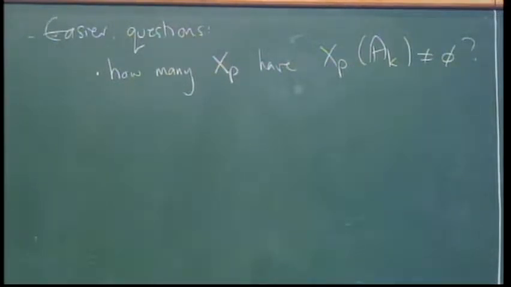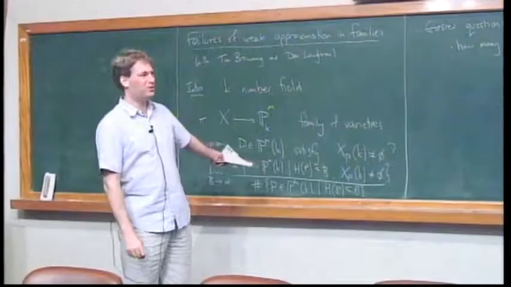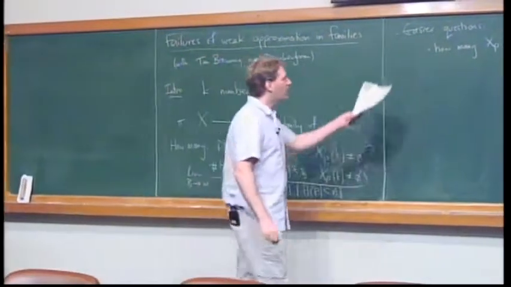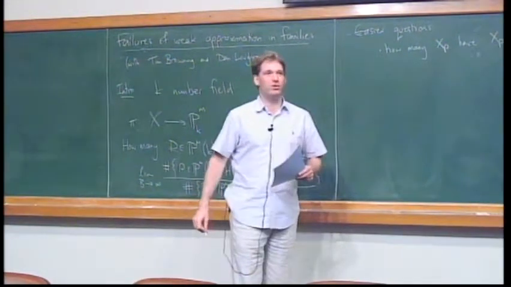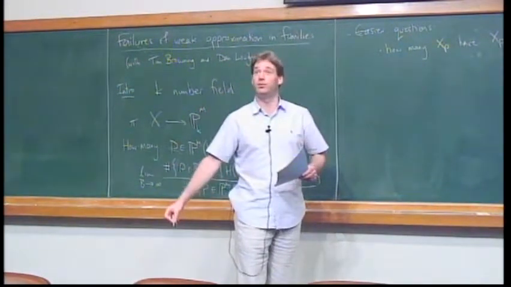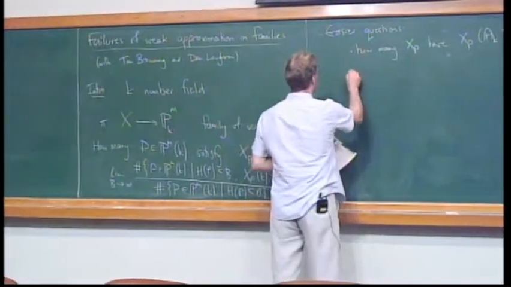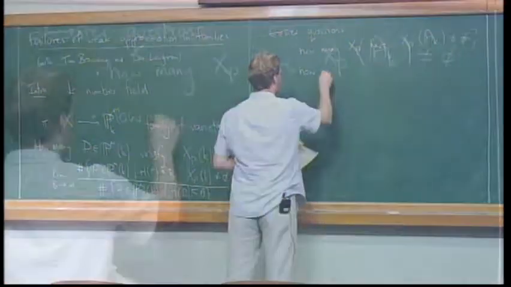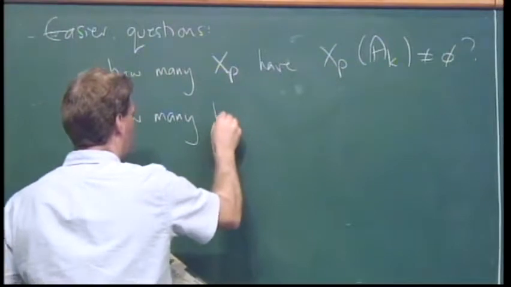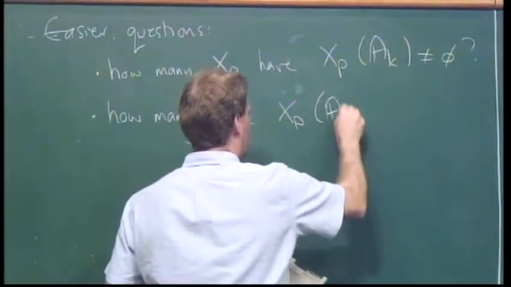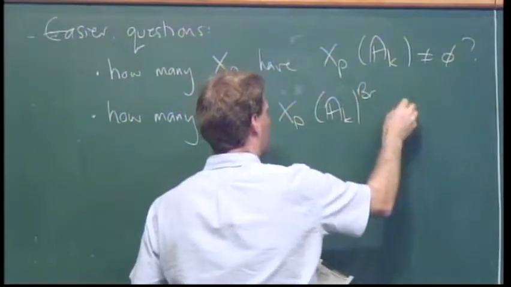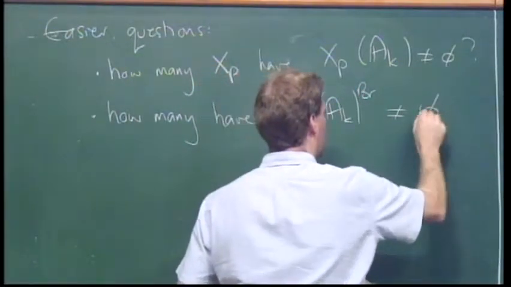And in order to get a little closer to understanding which ones actually have a rational point, I might ask, for example, how many fibers do not have a Brauer-Manin obstruction to the Hasse principle? So how many have X_P(A_K)^Br non-empty?